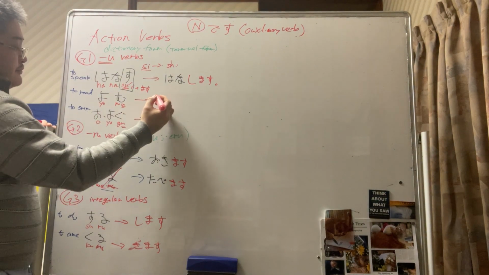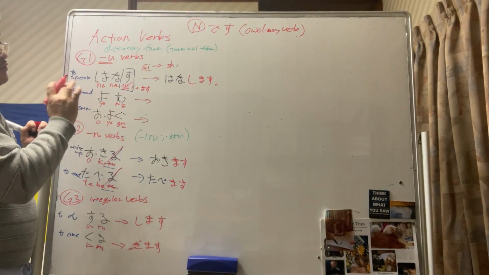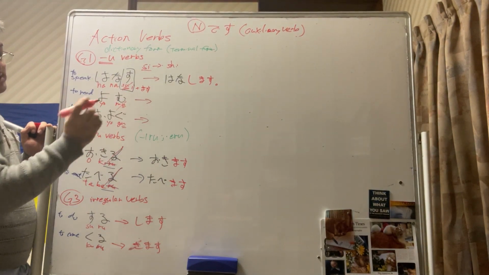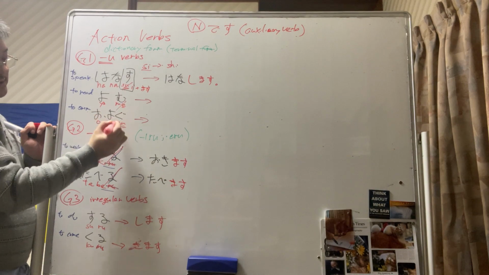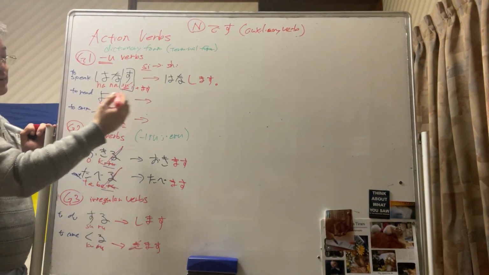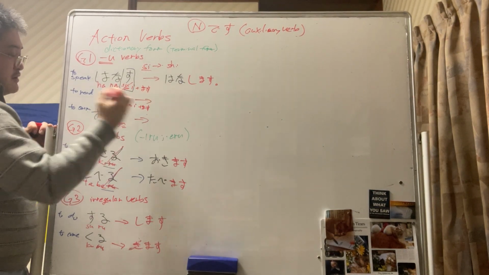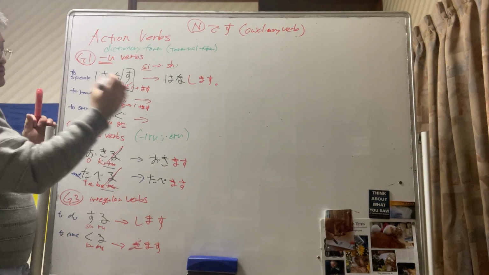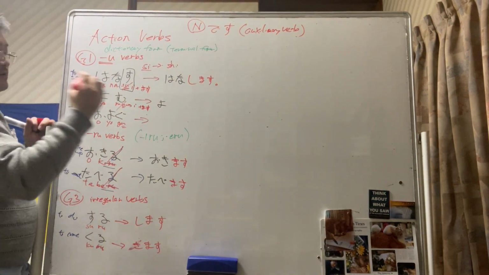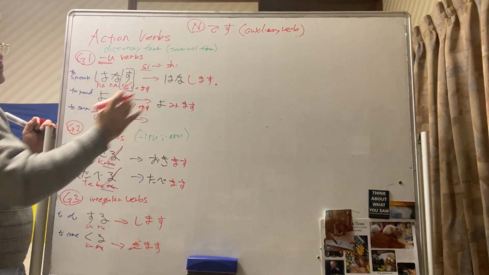And again, yomu, to read, as well. For all the verbs in the first group, you take the last u sound, basically divide them into two halves, change this into e, and then again mas. So how does it change? Yomimas? Yeah, yomimasu. Good.